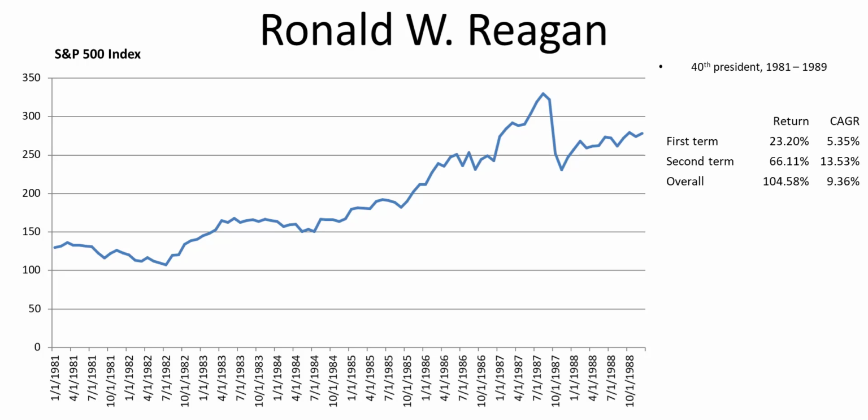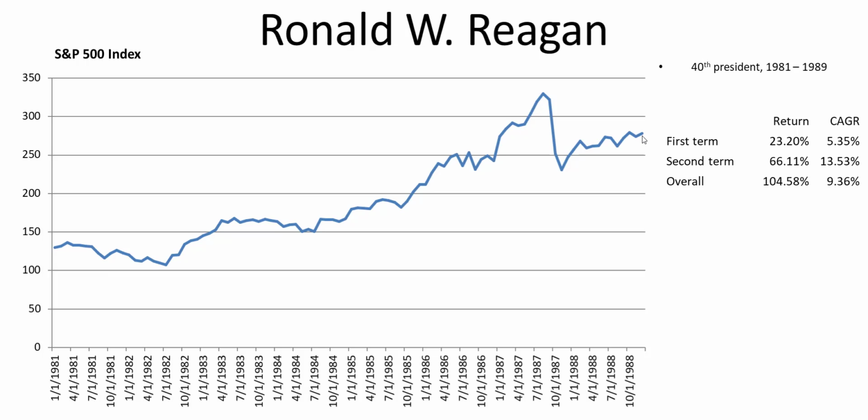Ronald Wilson Reagan, or Ronald Reagan, was the 40th president of the United States from 1981 to 1989. The S&P 500 index was 135 at the beginning of his presidency and ended at 277 at the end of 1988.